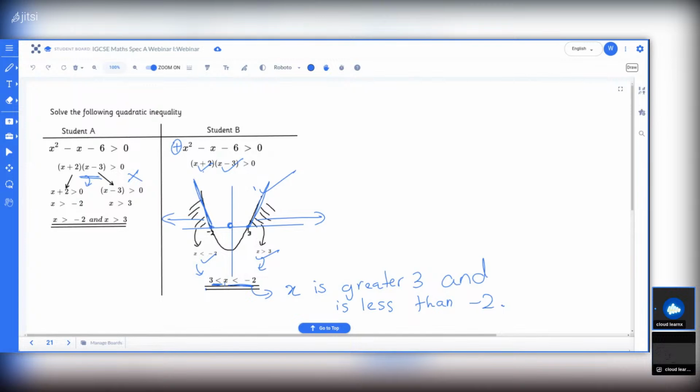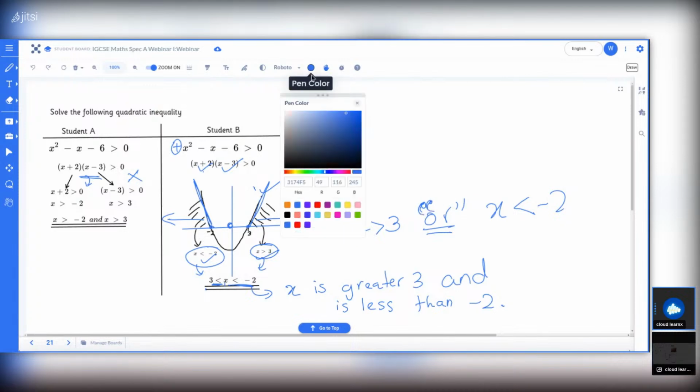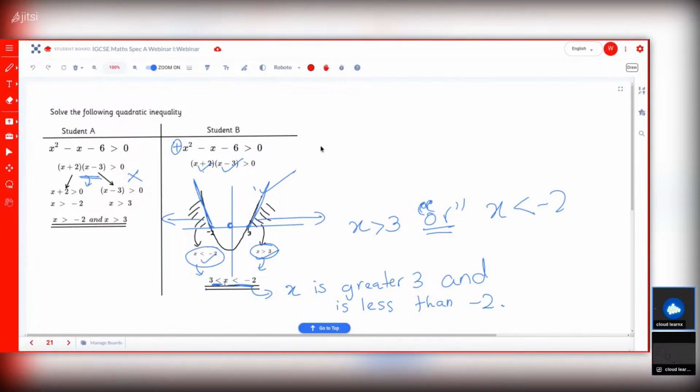Doesn't work, right? The real answer to something like this is x is greater than 3, or x is less than minus 2. So here the option is "or", right? Now what if your quadratic inequality was different like that, which would indicate that this is the region we want?